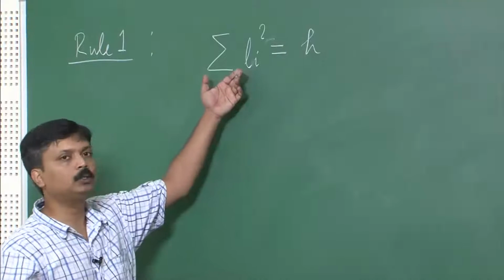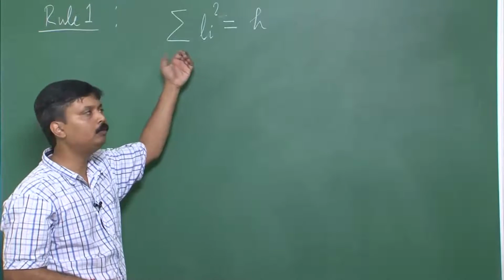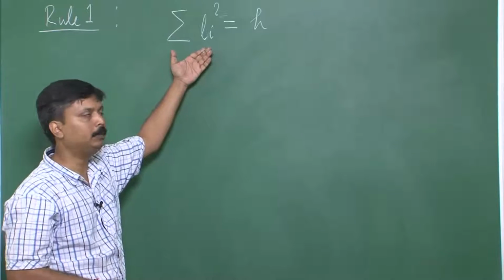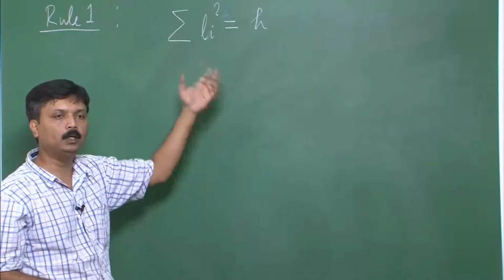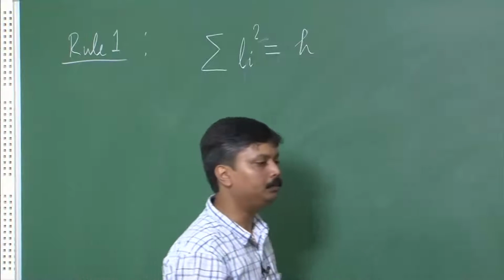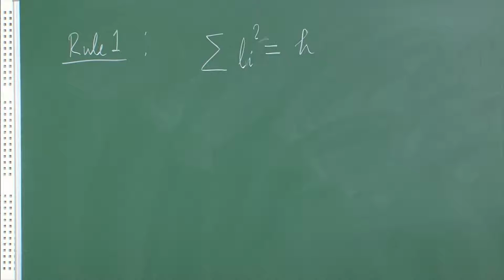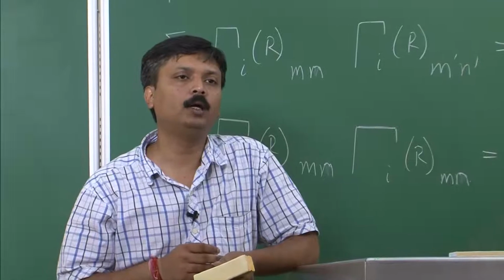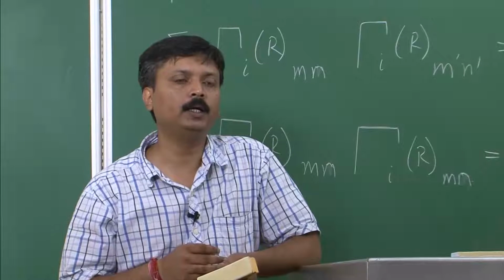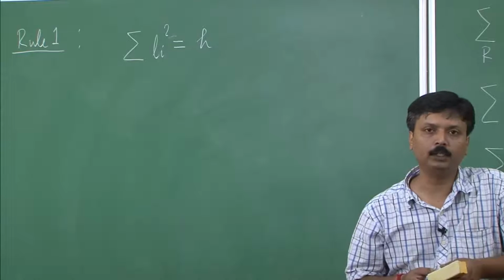It says the sum of the square of the dimensions of all the irreducible representations of the group is equal to the order of the group. One can prove this particular rule, but that is pretty tedious, and we will not try to prove this one.